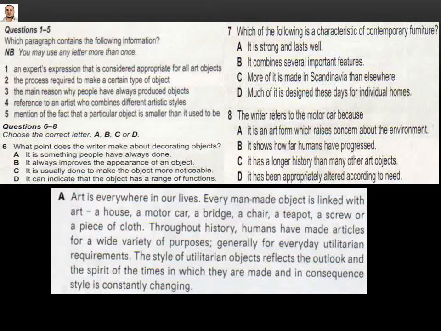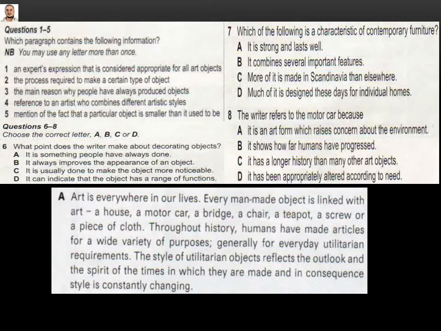Number 1 is talking about an expert's life. It doesn't talk about an expert's expression. Number 2, the process required. It doesn't talk about a process. Number 3, the main reason why people have always produced objects. Yes, it talks about the main reason why people have always produced objects.